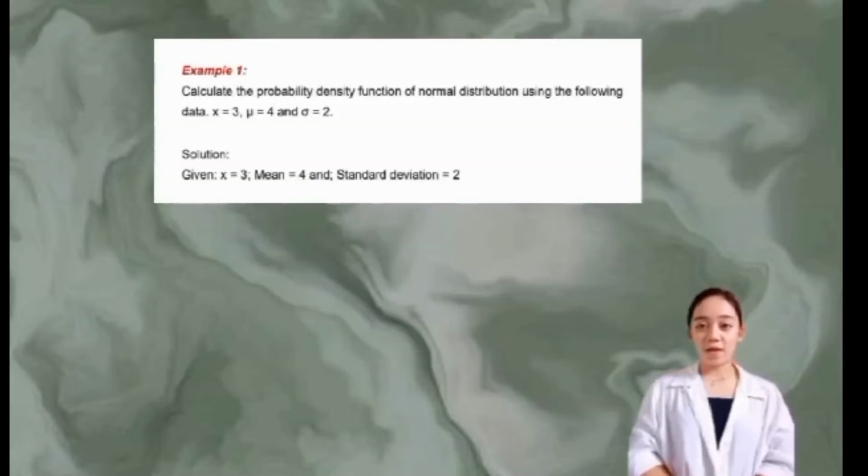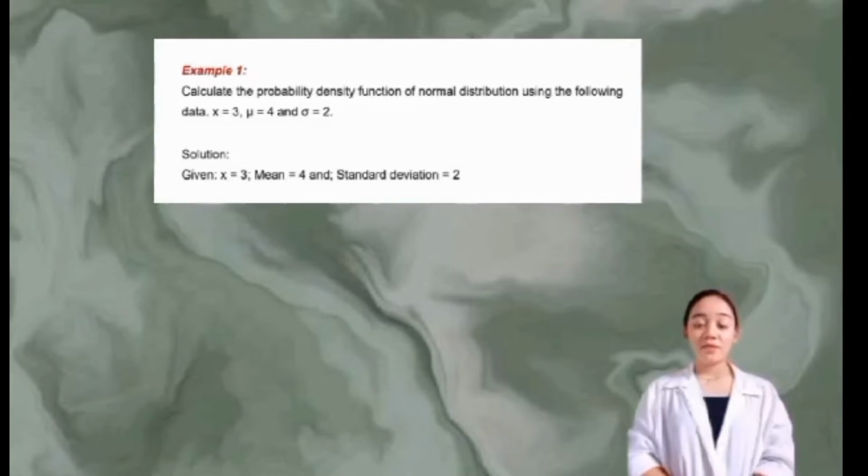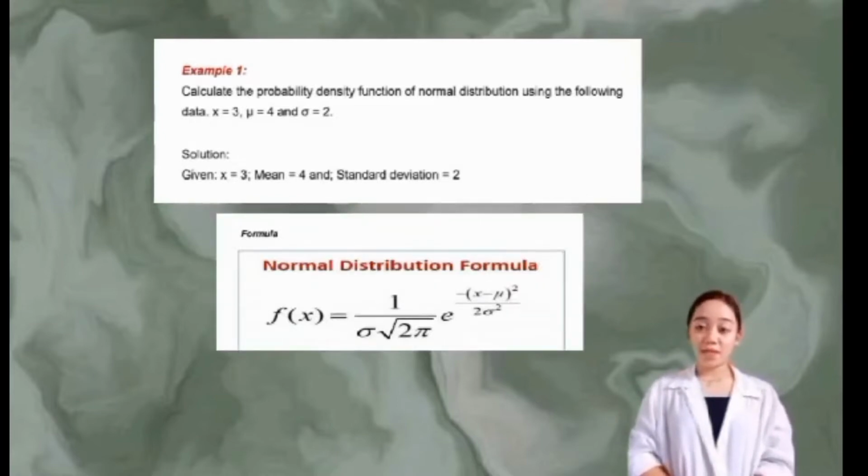Example number 1. Calculate the probability density function of normal distribution using the following data. Random variable x is equal to 3, mean or the mu is equal to 4, and the standard deviation or the lowercase sigma is equal to 2. By the formula of the probability density of normal distribution, we can now find f of x by substituting the corresponding values.